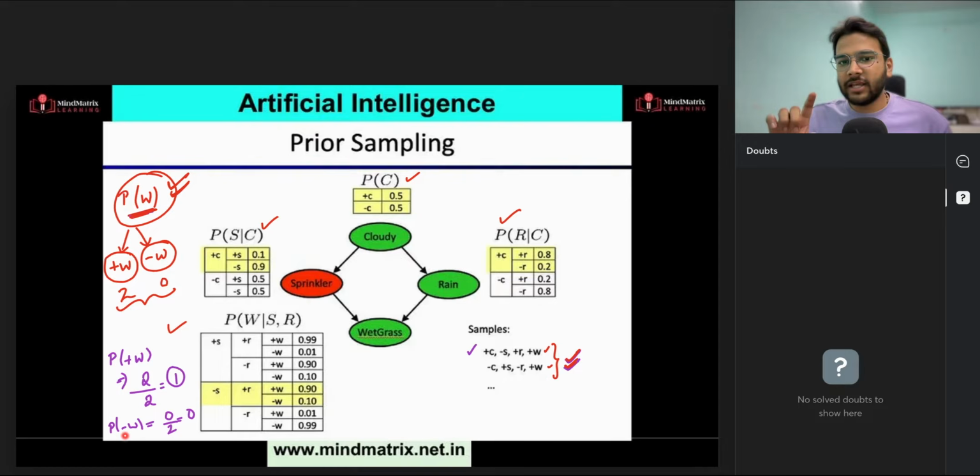See, understand this thing. If the samples are given to you, there can be many possible samples, right? If I ask you a general question, how many total samples are possible?